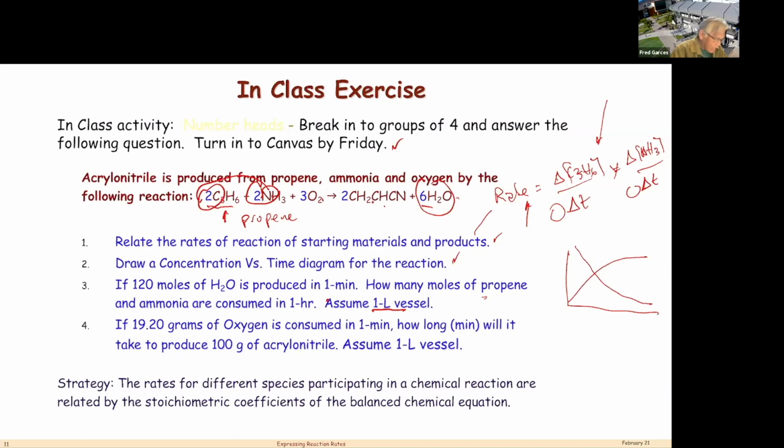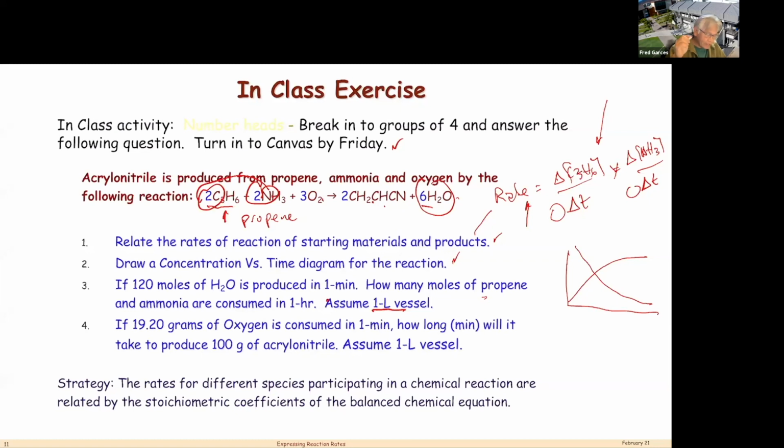This is propene and ammonia. And you can see that propene and ammonia are going to be the same because they have the same coefficient. But it's going to be disappearing. And remember that the question is per hour, not per minute. So you've got to use the conversion factor that there are 60 minutes in 1 hour.